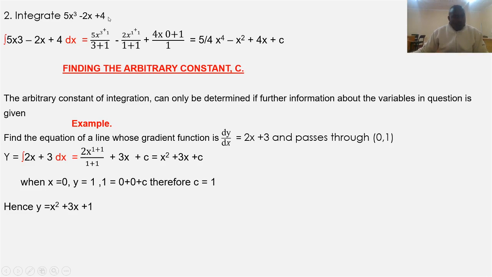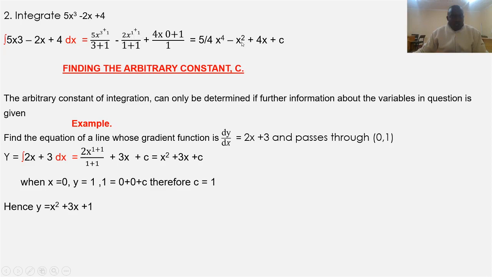X has a power of 0, and anything raised to the power 0 is 1. So that is 1 times 4, which is 4. So it will be 4x to the power 0 plus 1 over 1. Starting here, this is 5 over 4 x to the power 4, minus 2x squared over 2.